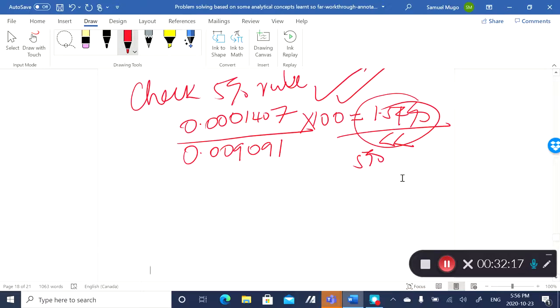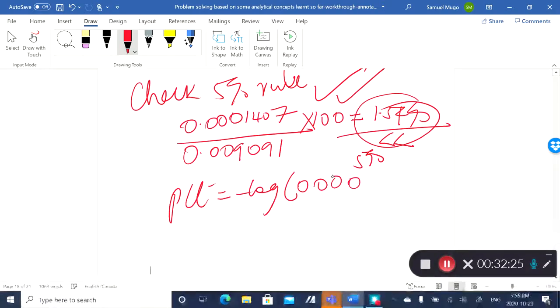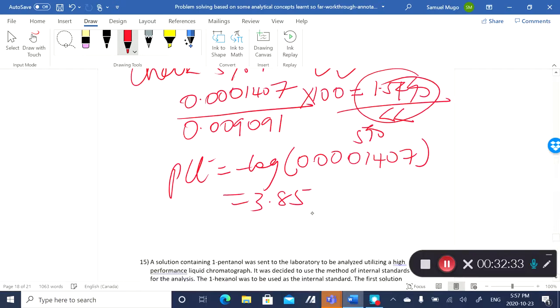And so my pCl is equal to the negative log of my concentration, which was 0.01407. And in the end, you get 3.85. Okay.